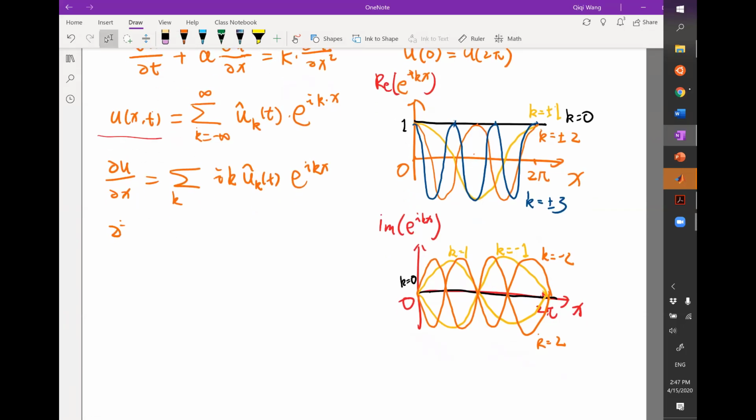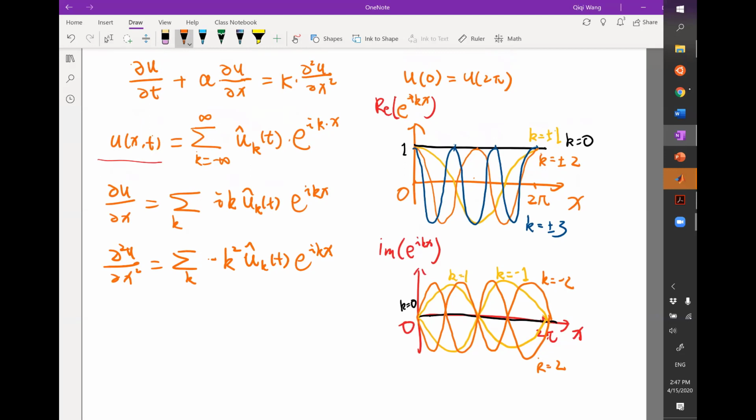When we take a second derivative, it is a summation over k, where i squared becomes minus 1, so minus k squared u hat of k as a function of t, times e to the ikx.